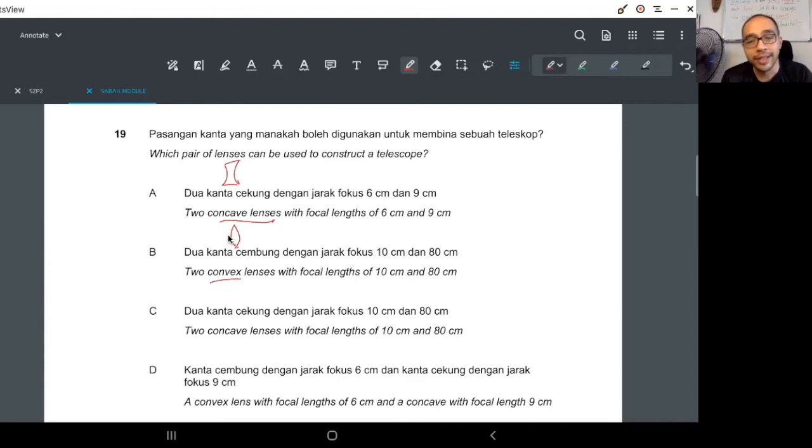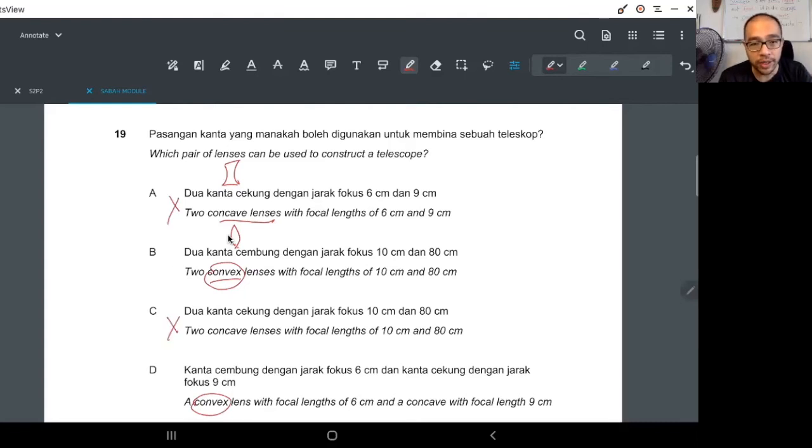It's very important. Drawing the diagrams is a big headache, but it's actually pretty useful. The first thing we need to be very sure of is that we are definitely using convex lenses. So this one is out. These two are definitely out, no need to think about them anymore.